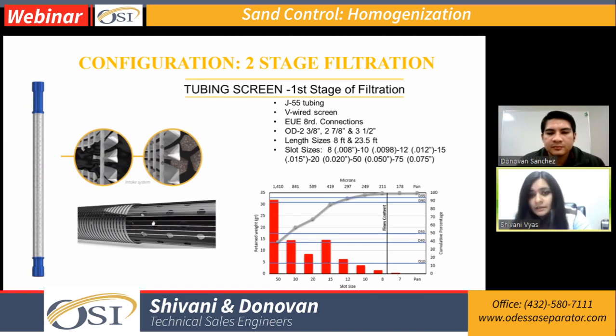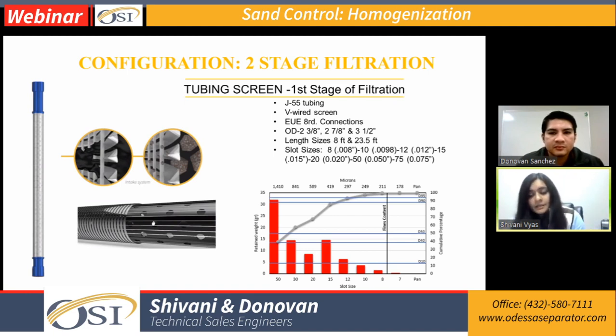Let's say this is your sand sieve analysis, and your largest size volume is the 50 slot. Again, we have to understand that this is dry sand we're talking about. So once it accumulates, what happens?